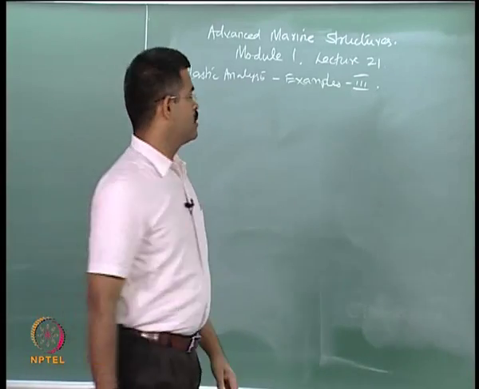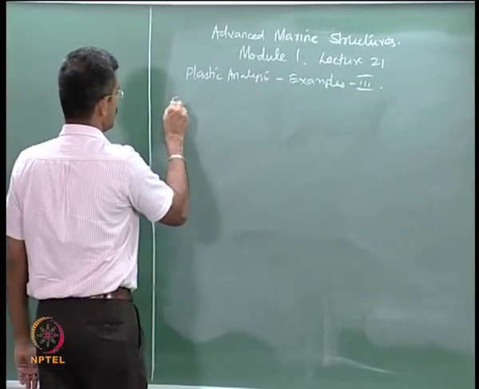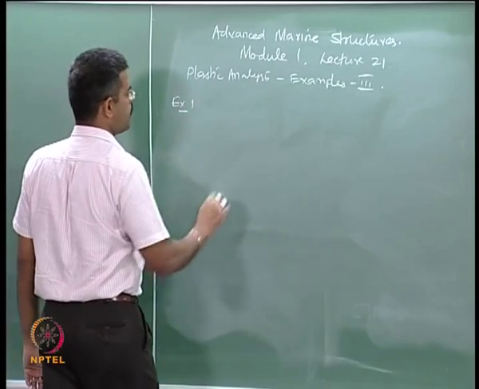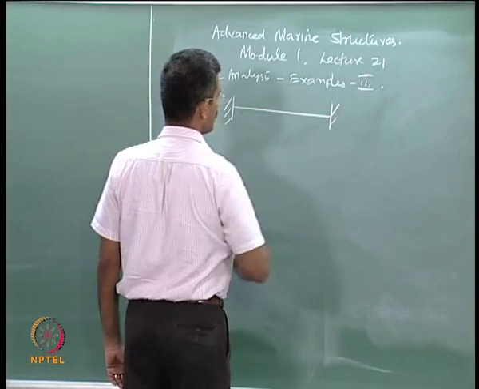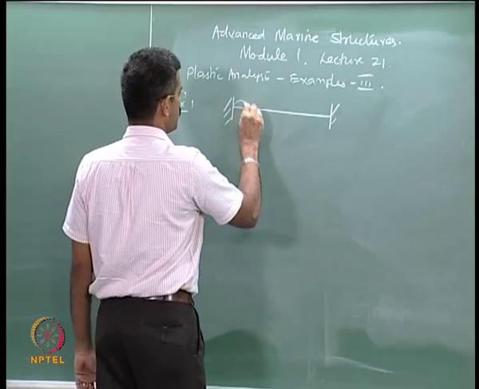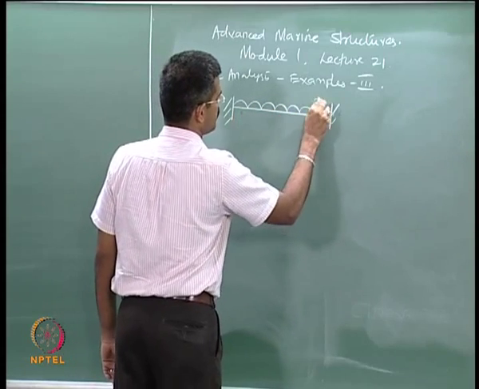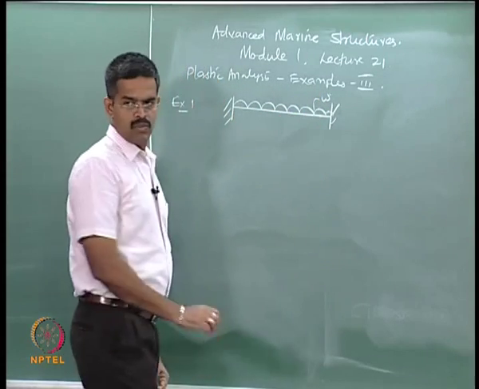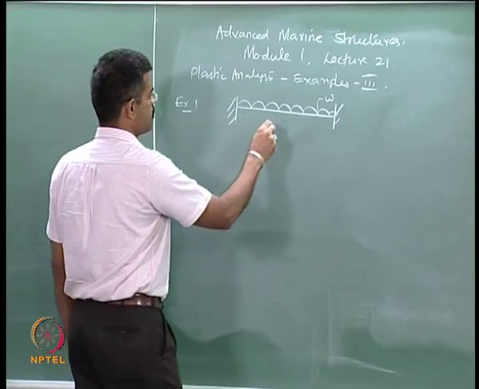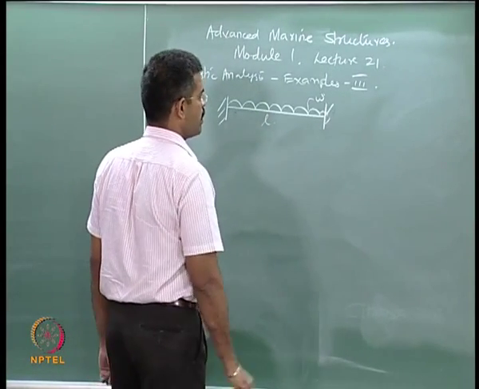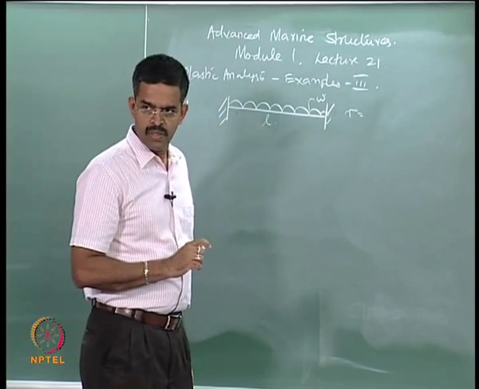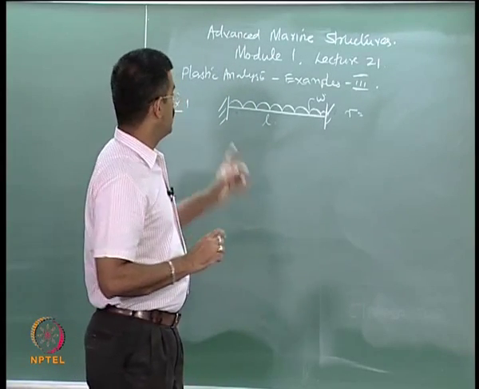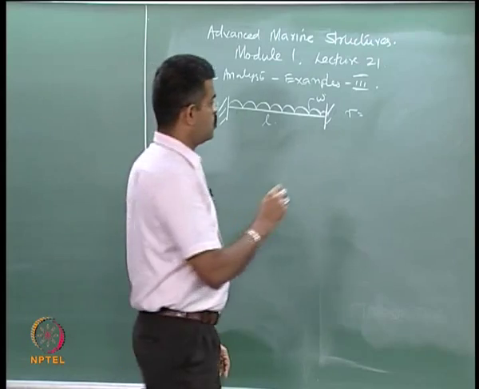Okay. So, example 1, I will pick up a fixed beam with UDL W. The span of the beam is L, and we already know the degree of indeterminacy of this beam is 2.